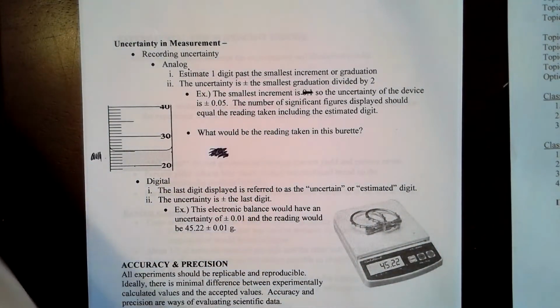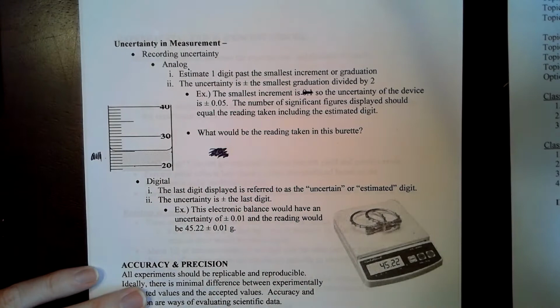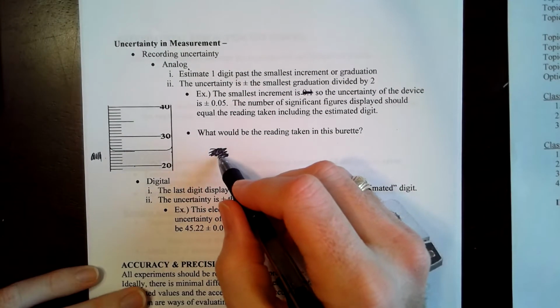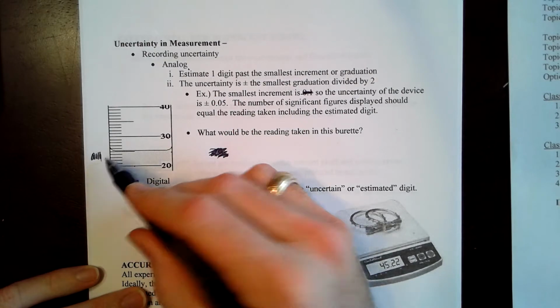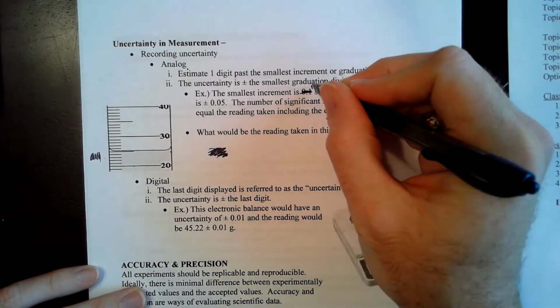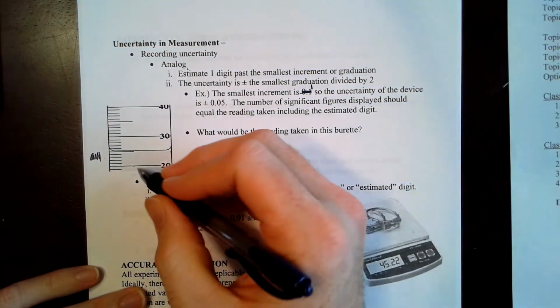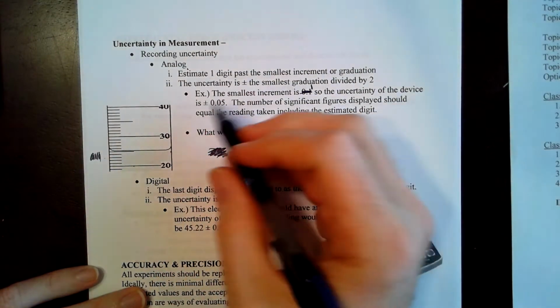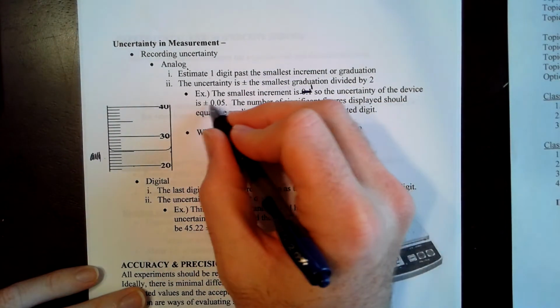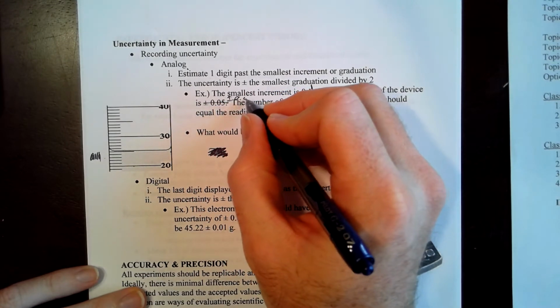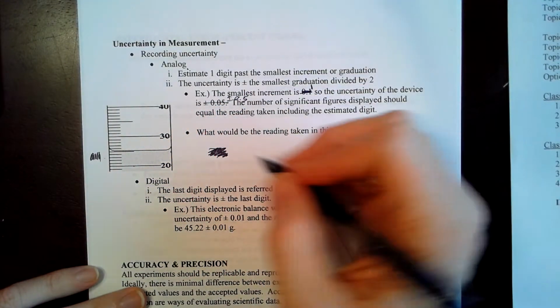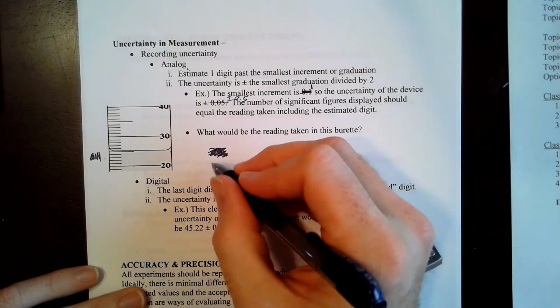Okay, so I messed that up. So the increment is not 0.1. The increment is 1. Dummy. You guys are probably yelling at the screen. So it's going to be plus or minus 0.5. Right. Okay. All right.